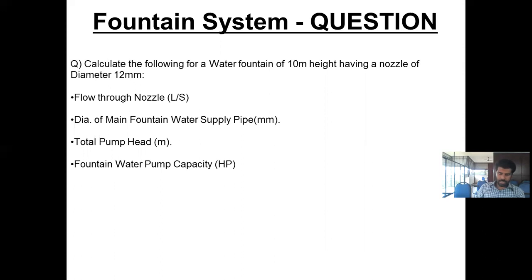So the input values that we know are the diameter of the nozzle, 12 mm, and the water has to be sprayed up to 10 meter height. So calculate the following for a water fountain of 10-meter height, having a nozzle of diameter 12 mm.